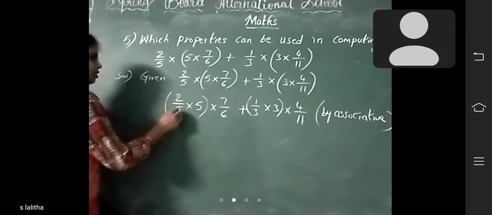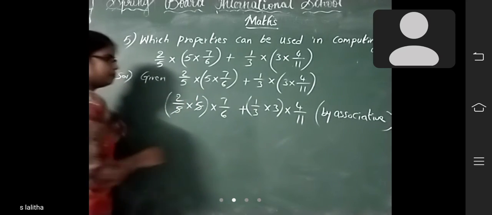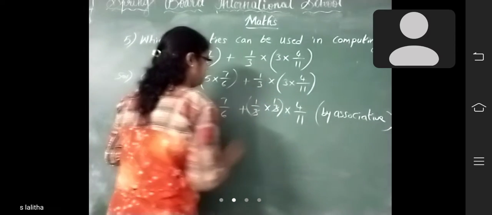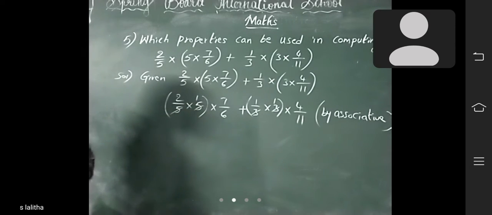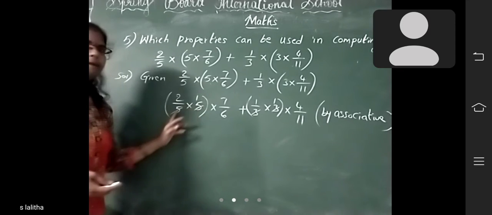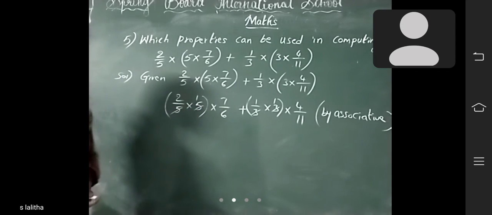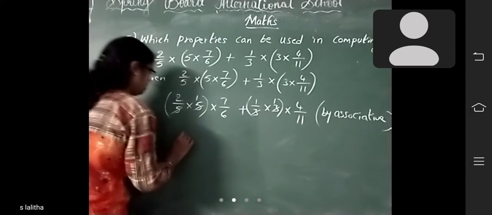And next, 5 ones 5, 3 ones 3. So which property are we using here? Multiplicative inverse.